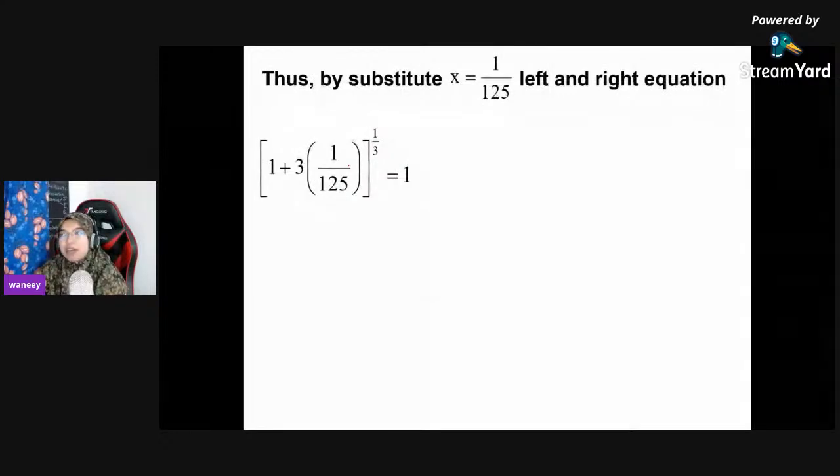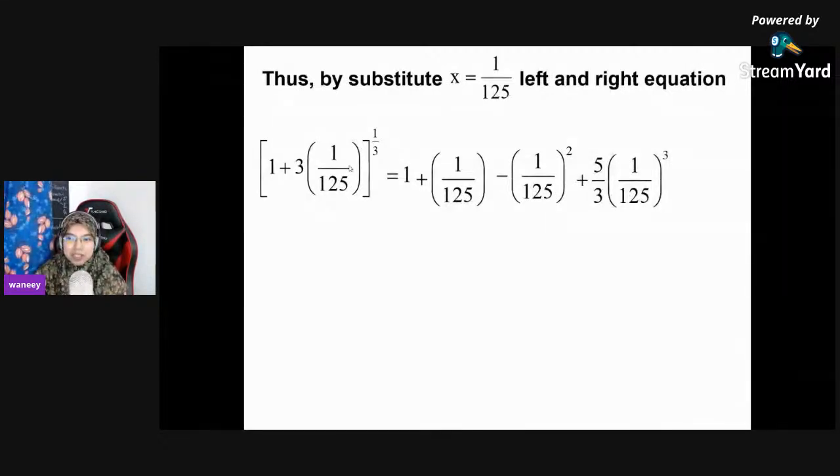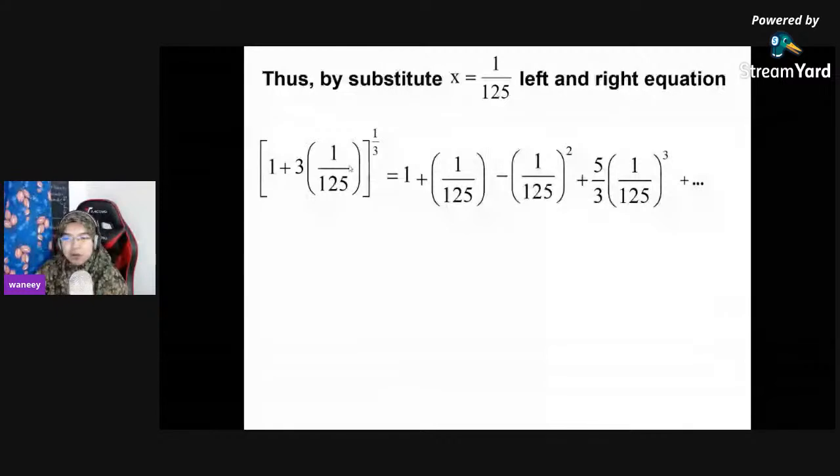Equal to, on the right hand side, every time you see the x, replace it with 1 over 125. So 1 plus 1 over 125 minus (1 over 125) squared plus 5 over 3 (1 over 125) cubed, and then of course plus dot dot dot. But since the number is very small, we can neglect them later on.